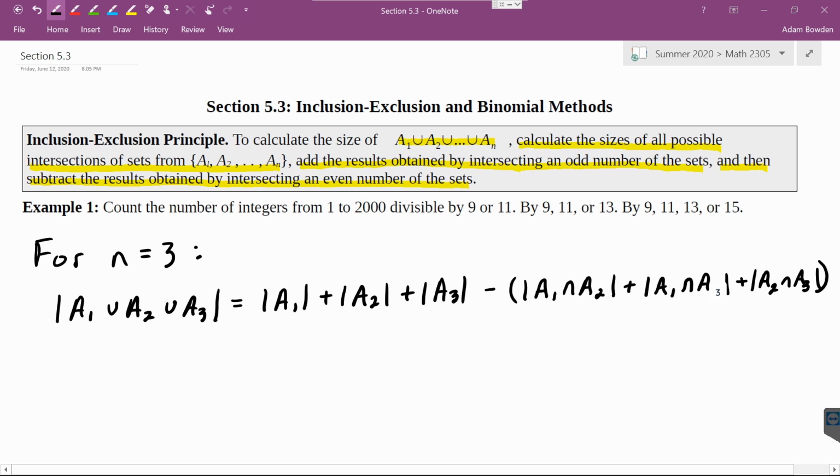And then we also add the results obtained by intersecting an odd number of sets at a time. So if I take A1 intersect A2 intersect A3, 3 at a time, an odd number, then add that, we get the whole inclusion-exclusion principle for 3 sets.